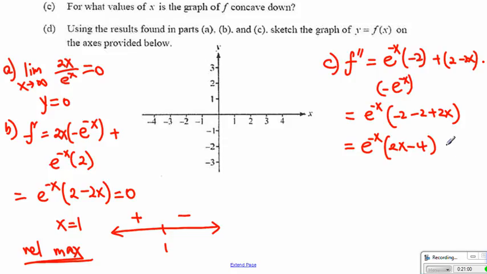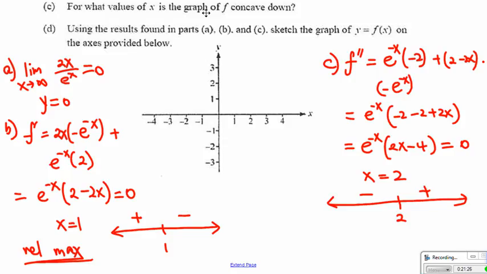This can be equal to 0 if x equals 2. By doing the simple sign analysis, when x is greater than 2, concavity is positive. When x is less than 2, concavity would be negative. So yes, the point of inflection is when x equals 2.